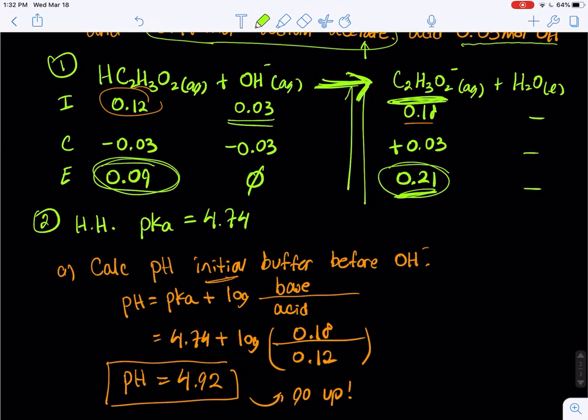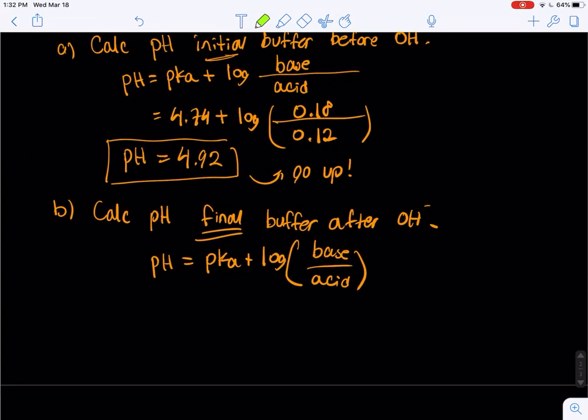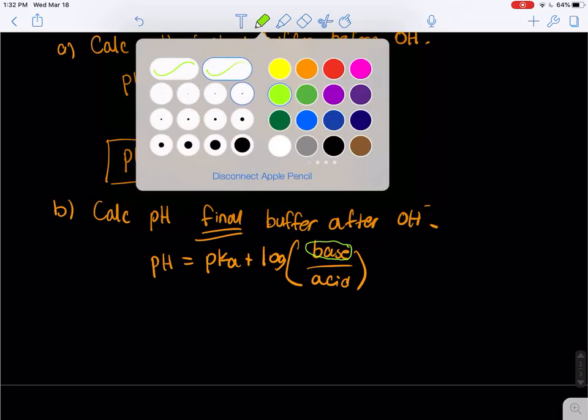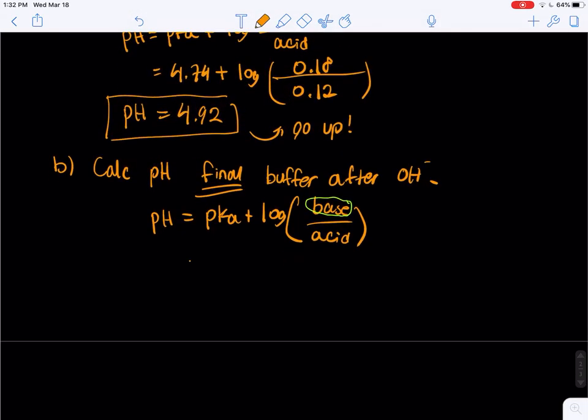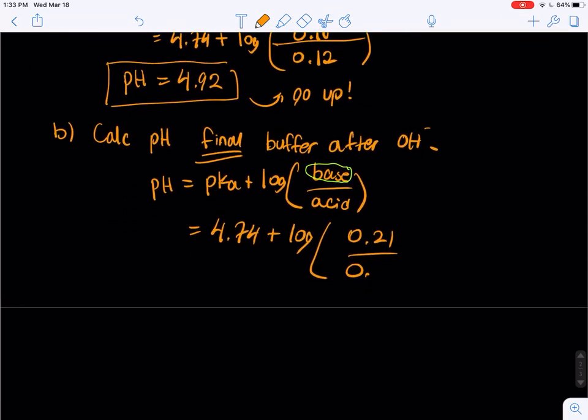That's this 0.21, and that's going to be on top of the fraction. I'm sorry. So let's plug these in. 0.21 and the other one was 0.09. Okay.